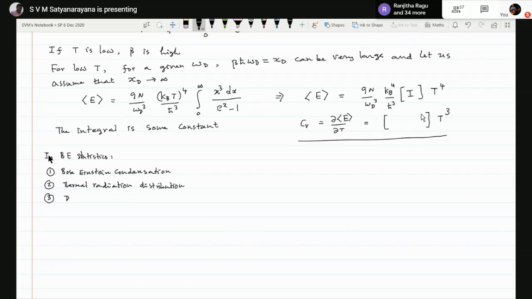And the third is the Debye theory of specific heat. These are the three applications we have seen in Bose statistics.